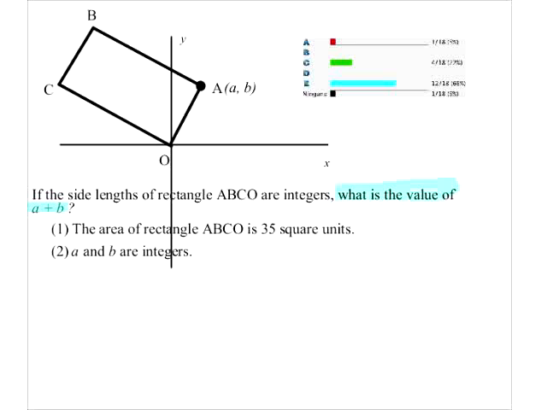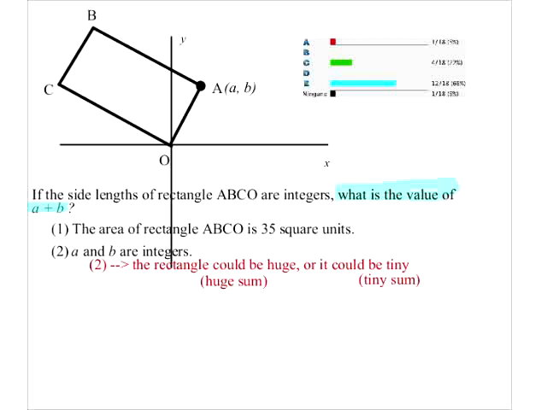Because if A and B are just random integers, then visually speaking, the rectangle could be huge or it could be small. If the rectangle is huge, you would have a huge sum of A and B. If the rectangle were tiny, you would have a tiny sum of A and B. So that's not sufficient.